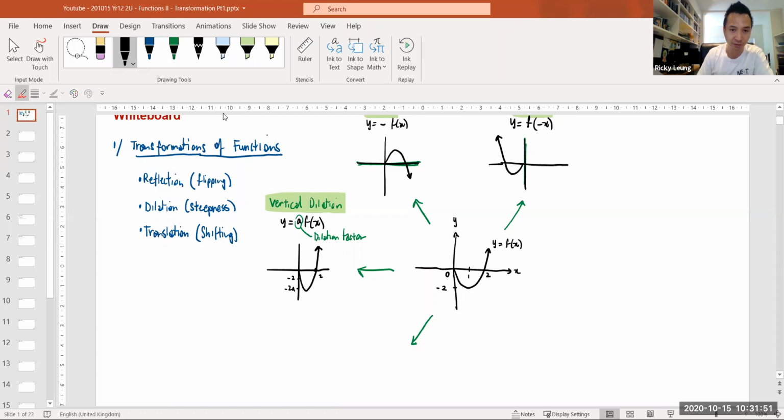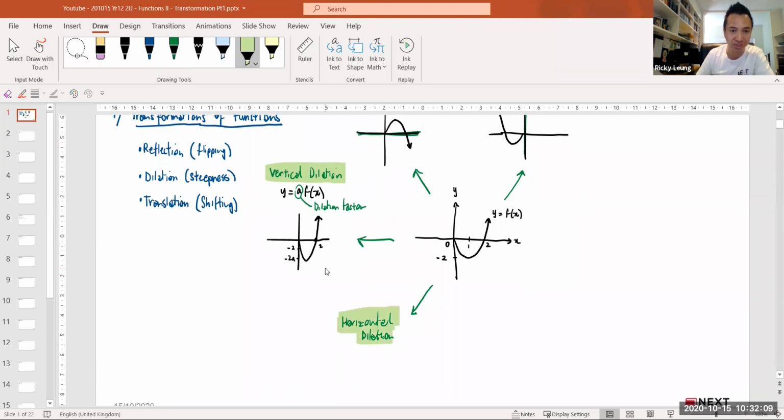So that's vertical dilation. By the same token, if I want horizontal dilation, I would put the a factor, and remember I said, and this is really important for algebra purposes, technically speaking, that a is divided. So if you want vertical dilation, you divide y by a to get the a up here.